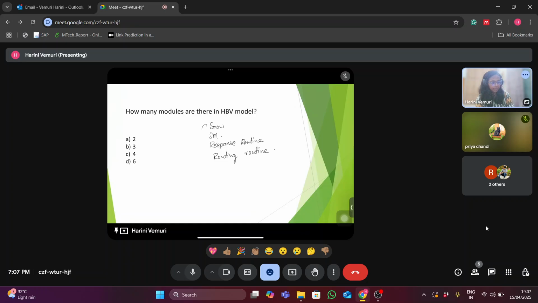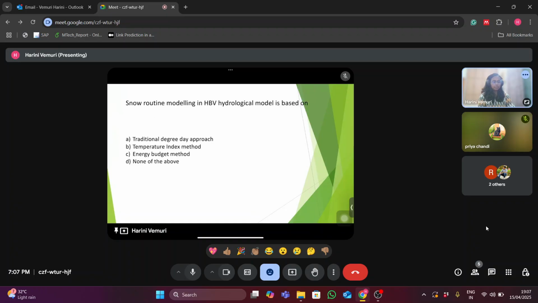So in total, we have four modules in the HBV model. The HBV hydrological model can be used as fully distributed, semi-distributed, empirical, and the fourth option is fully distributed or semi-distributed. So remember we have discussed that it can be used as a fully distributed or semi-distributed hydrological model.